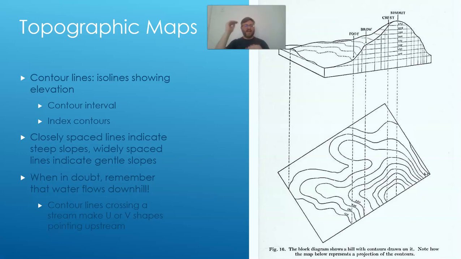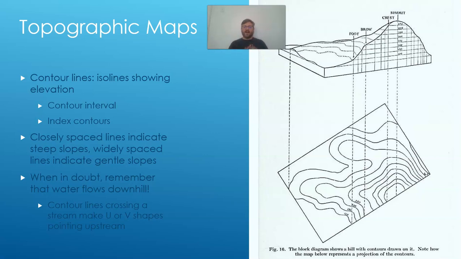You're going up or down a lot over a short horizontal distance because you're crossing a lot of contour lines, so that indicates a very steep slope. If your contour lines are very spaced out, so you can go a significant distance horizontally without crossing very many contour lines, and therefore without going up or down very far, that's going to be a very gentle slope.